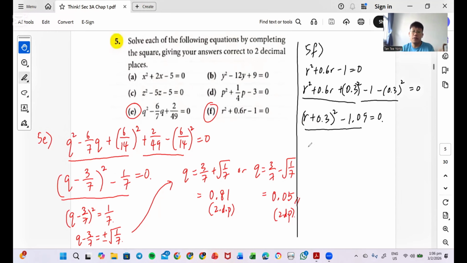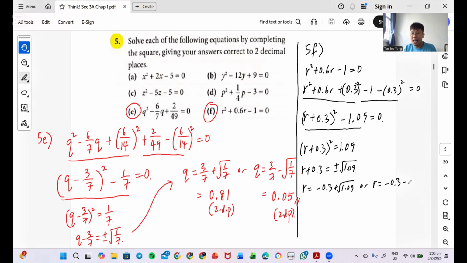Now just solve it. So r plus 0.3 square equals to 1.09. So r plus 0.3 equals to plus minus square root 1.09. Okay, r equals to negative 0.3 plus square root 1.09, or r equals to negative 0.3 minus square root 1.09. Then just calculate.